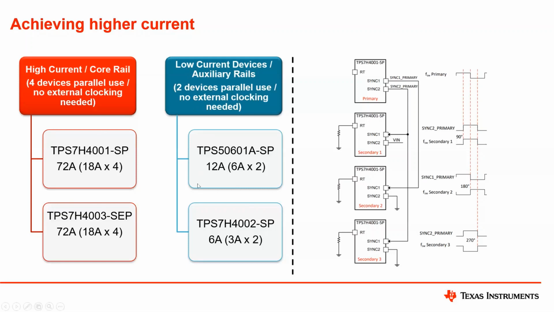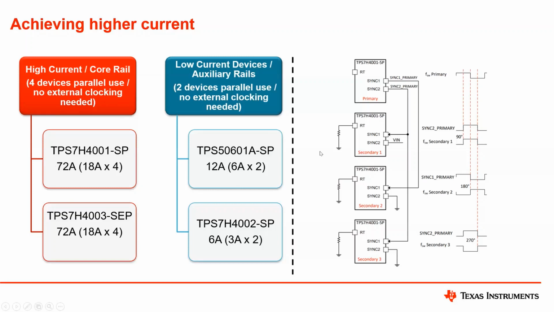Looking at the low current devices, you're able to do this too. It has a similar architecture, but these are more geared for the auxiliary rails. To achieve the higher current rails, specifically on something like the KU60, or perhaps even the PolarFire, the 4001 or 4003 would be best positioned.